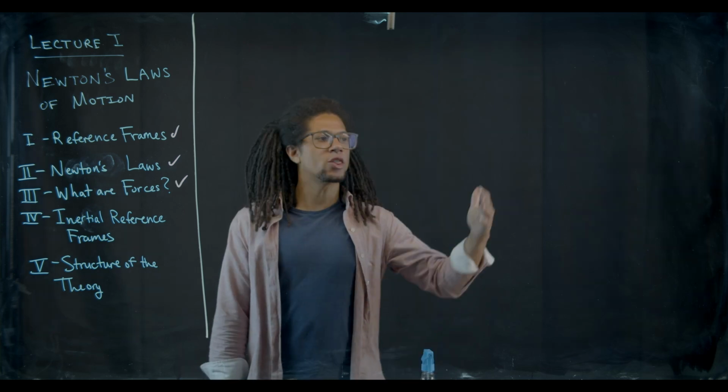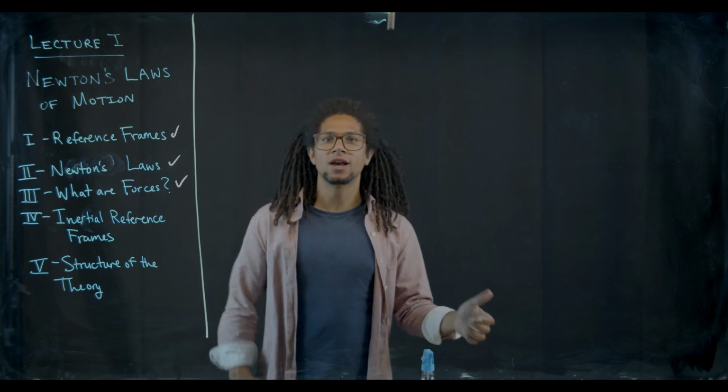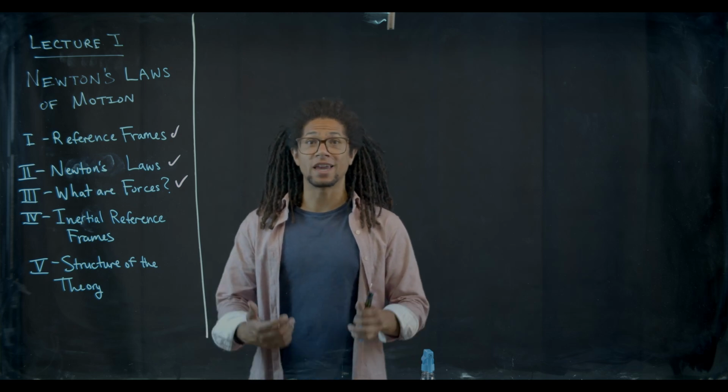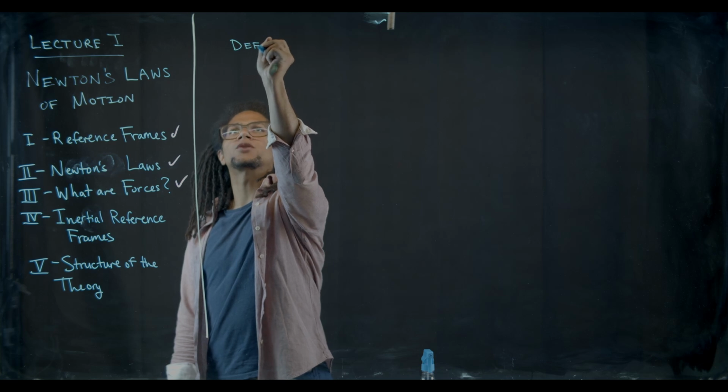All right, building on the dichotomy we just drew between real forces and apparent forces, let's now give our own definition of inertial reference frames. So, what is an inertial reference frame?